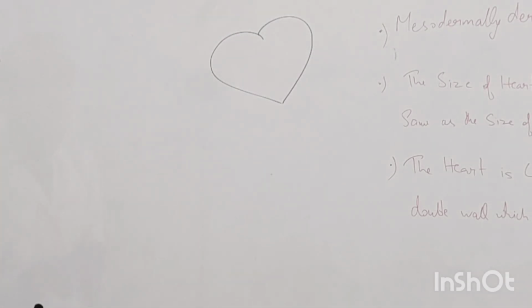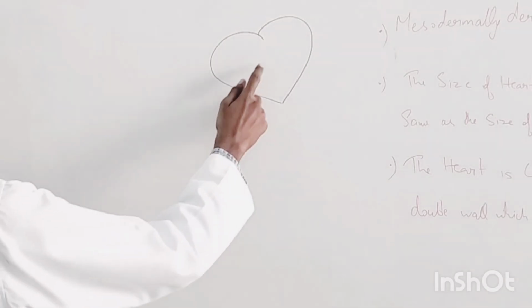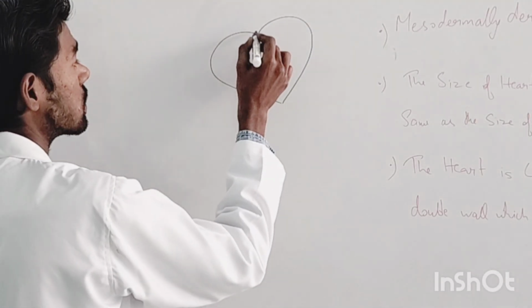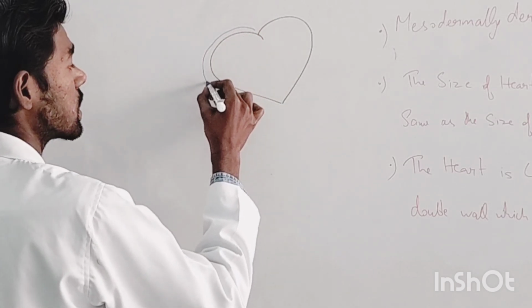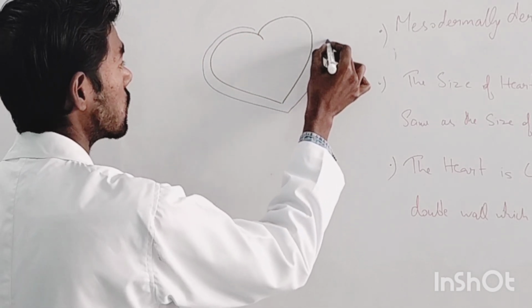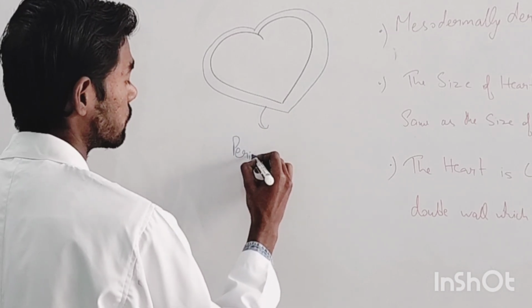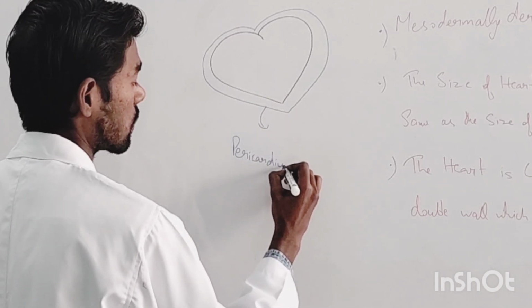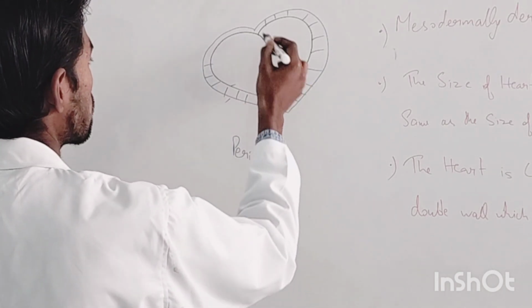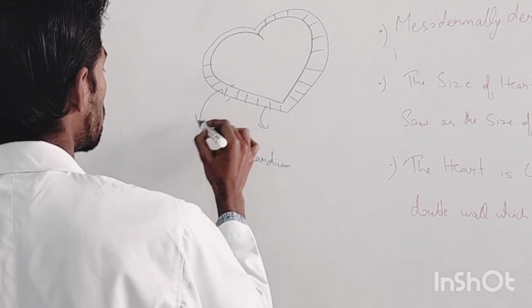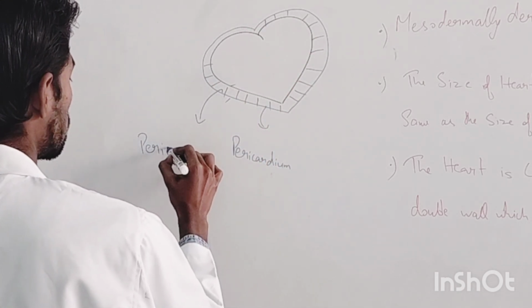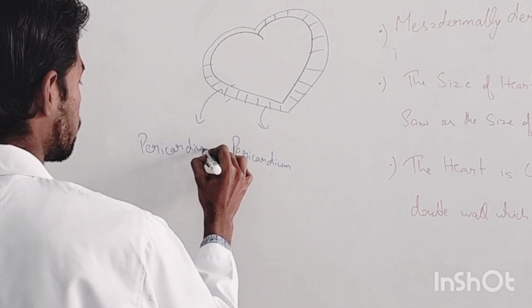What I mean is the heart is like this and there is a double layer wall present around the heart, and this double layer wall we call the pericardium. There is a fluid present between the heart and the pericardium wall, and the fluid is called pericardial fluid.